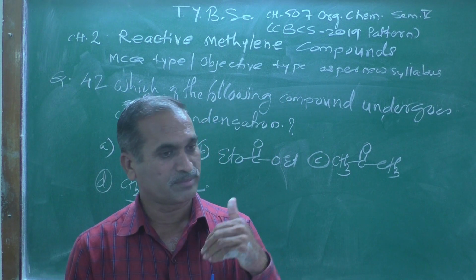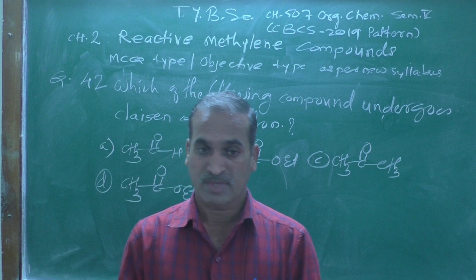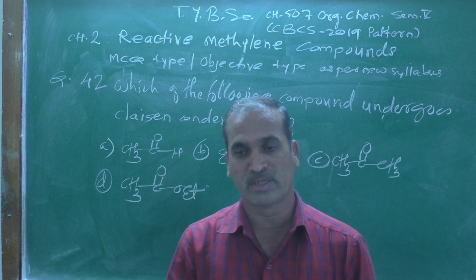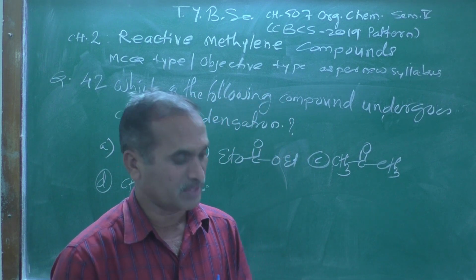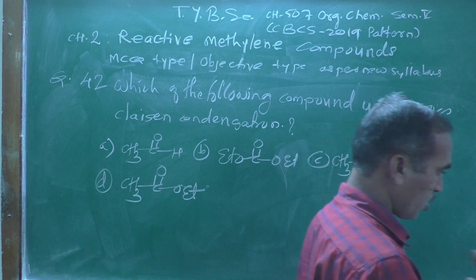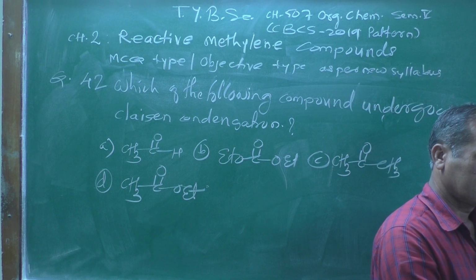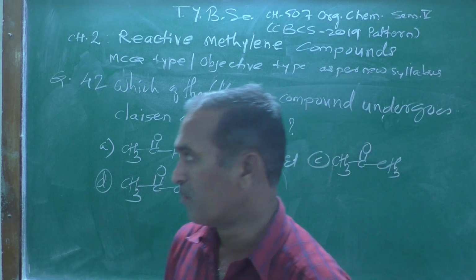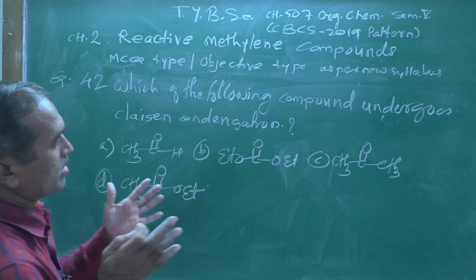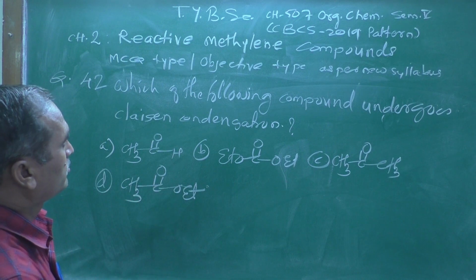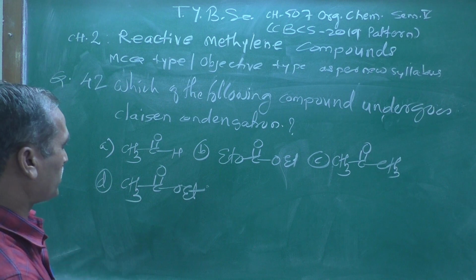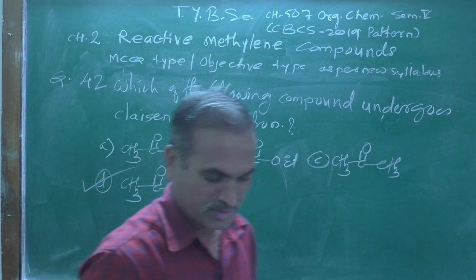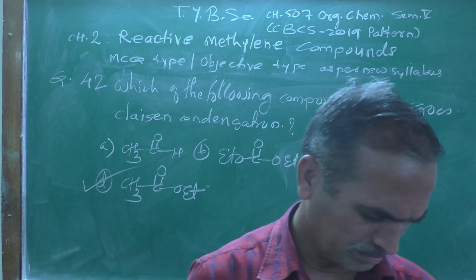A carbanion is formed and that acts as a nucleophile, attacking the second molecule of ethyl acetate. Ethoxide is removed, and the resulting compound obtained is called ethyl acetoacetate, or the beta keto ester. So here D would be the right answer for this question.